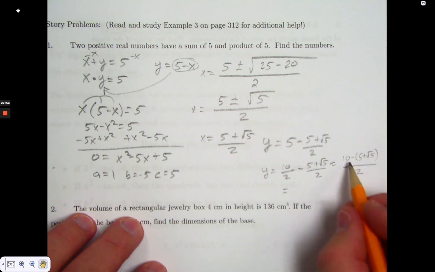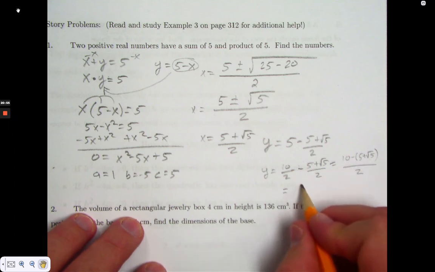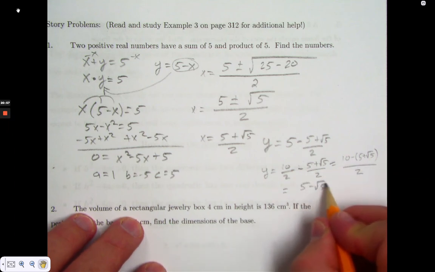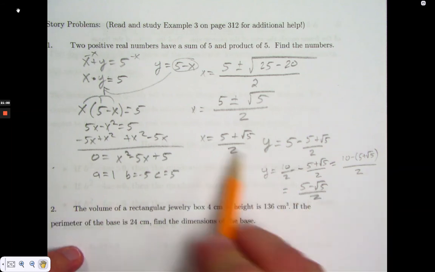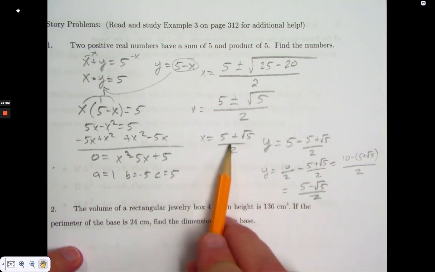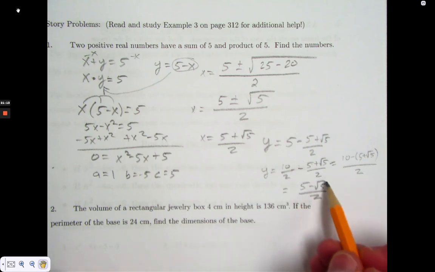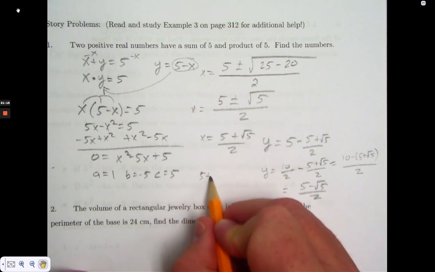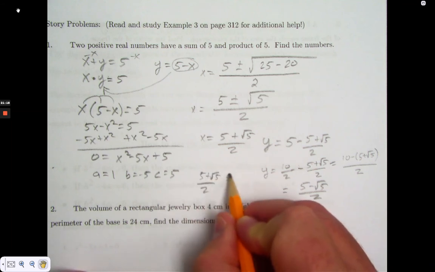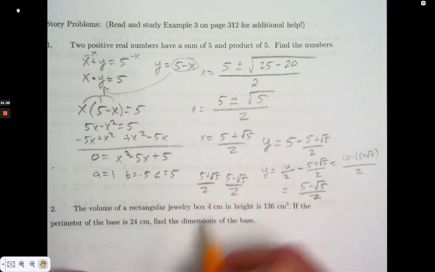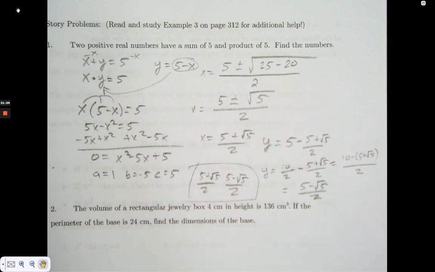And that would just give us 10 minus 5 is 5 minus root 5 over 2. So see how our two answers, right, are going to be the 5 plus root 5 over 2 and 5 minus root 5 over 2. So you're going to get the same answers. So those two are the two answers. So you have 5 plus root 5 over 2 and 5 minus root 5 over 2. Okay, those are the two that it needs to be.